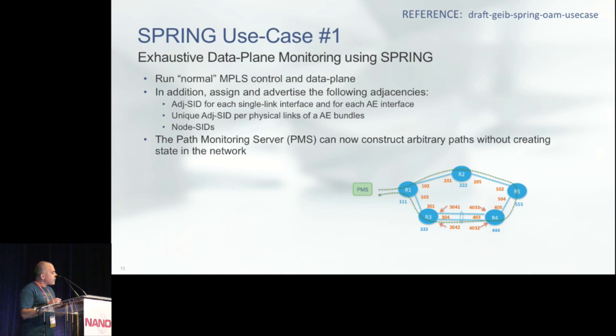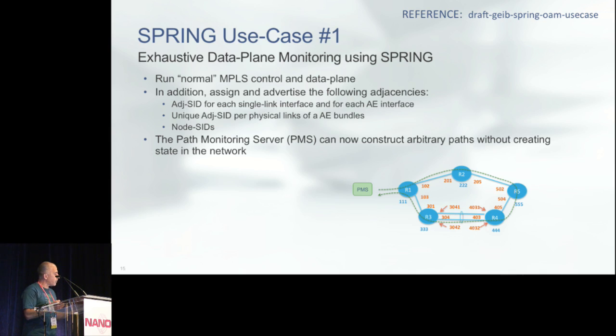So this is a fairly commonly referenced use case for segment routing, for Spring, and there's a special draft that describes it. In essence, the idea is that if I wanted to exercise every path in a network with OAM probes, I can just craft these OAM probes and use adjacency segments or a combination of adjacency and node segments to steer the packet every which way I want.